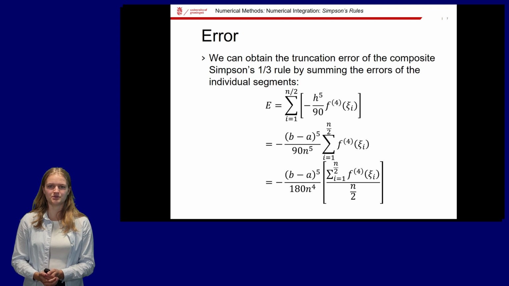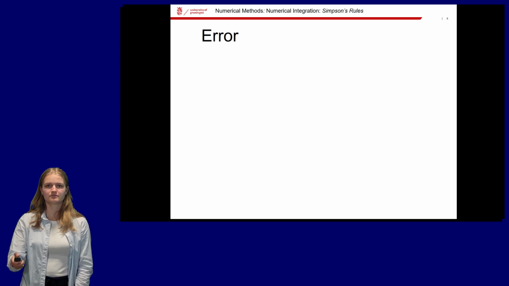We can substitute the expression for h into that equation, and again we can write it as an average of this fourth derivative of f, and that is the bracketed terms in the last expression.